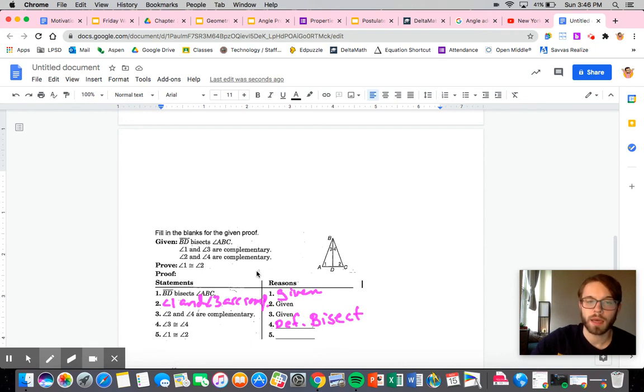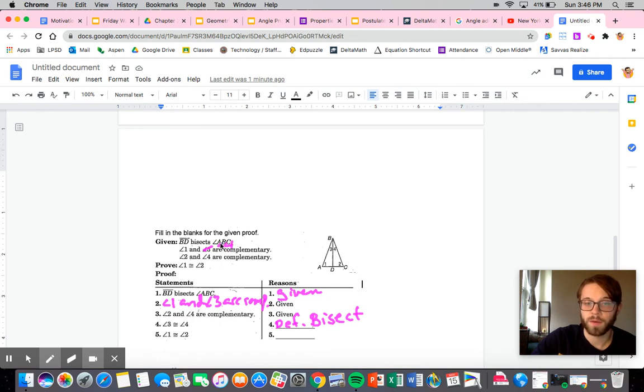And then why are 1 and 2 congruent? So we have that 1 and 3 are congruent. We have that 2 and 4 are congruent. What do we know about 3 and 4? Well, they're congruent. So essentially we can substitute that to be 4, right?